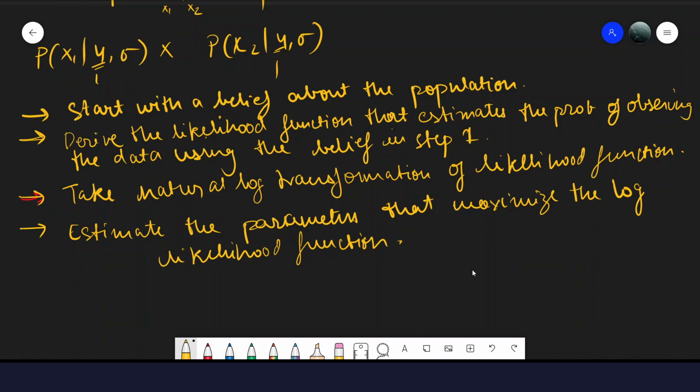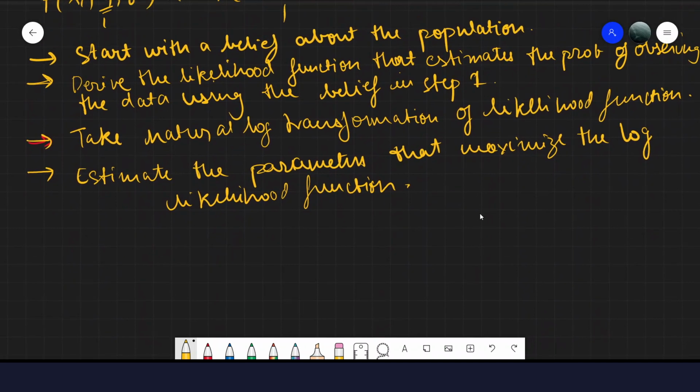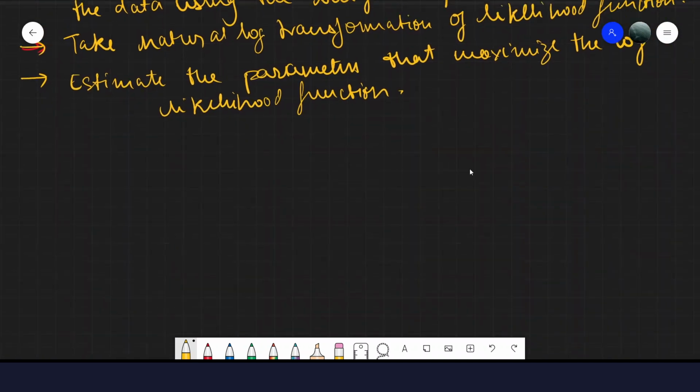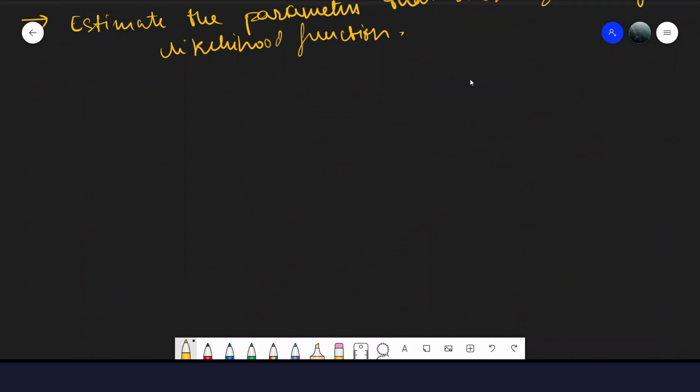I'll show you an example of how I derive the formula for estimating the population parameter for both the Gaussian and the Bernoulli distribution. So just write these steps down and follow with me. All right, I'll change the screen.